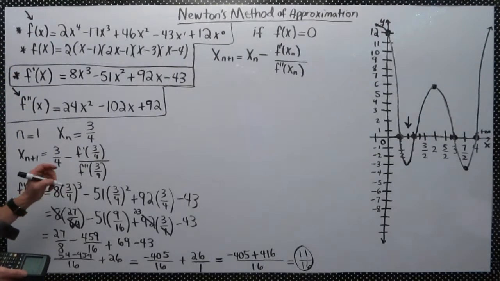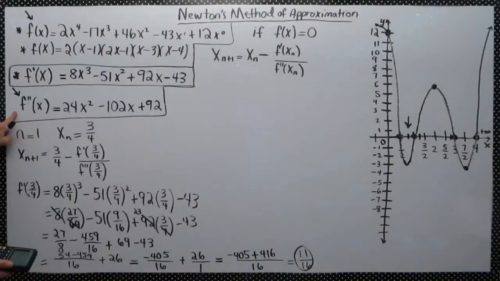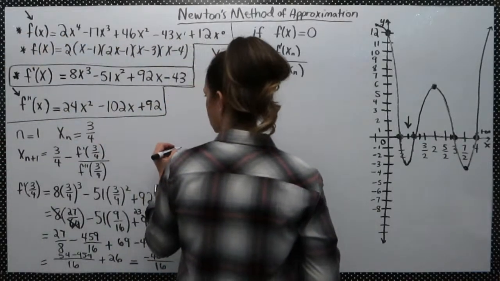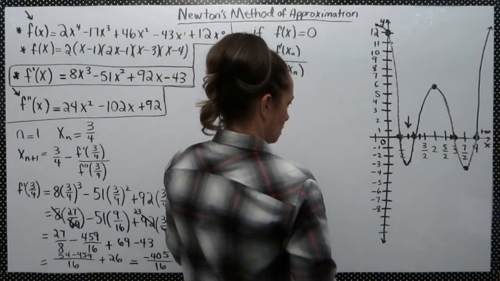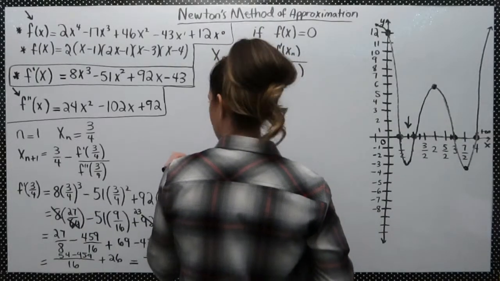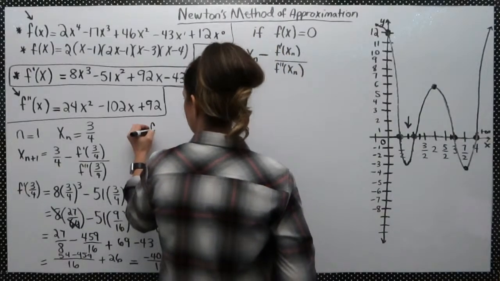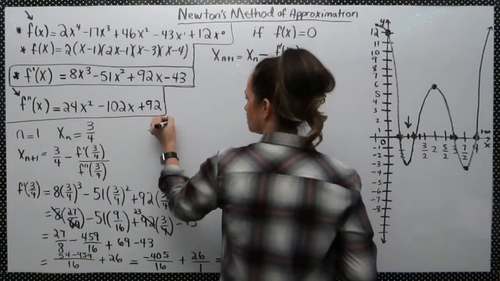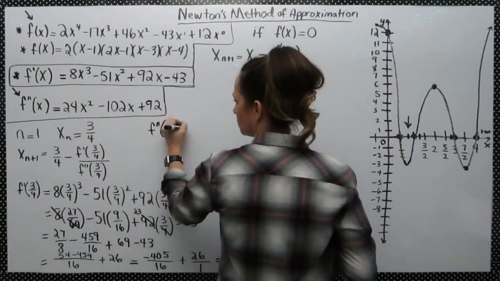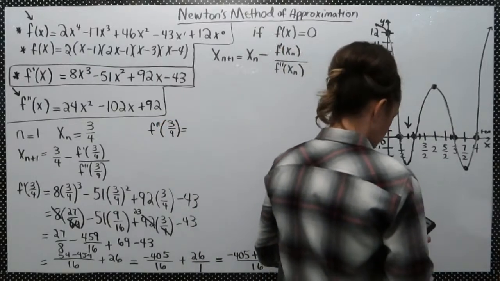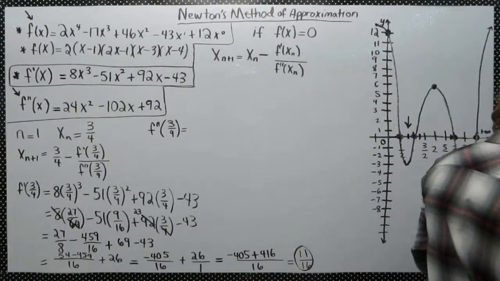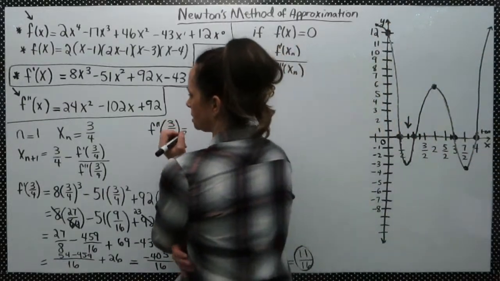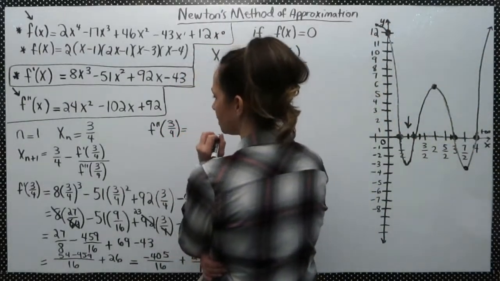And then we're going to repeat that process for double prime for the same value. So we'll do that here. All right, I'm going to box that and we'll do double prime here. If double prime of 3/4 equals, and this is really good practice for me drawing on my board, so I'm figuring out how to get organized, you know, how small I can write, how big I can write.